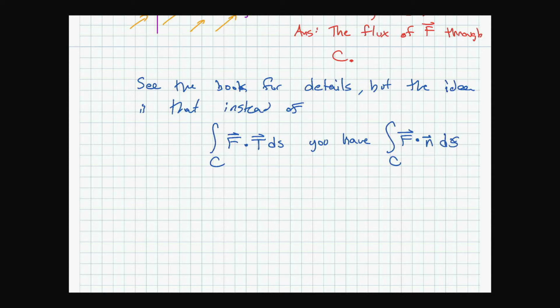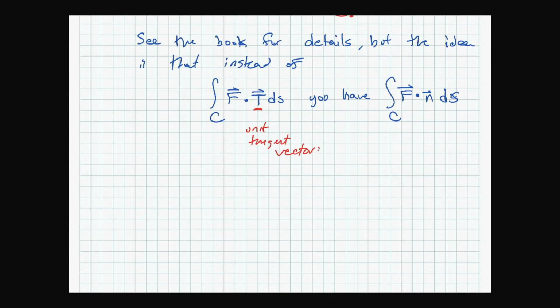So the difference is that t is the unit tangent vector, which is r prime over the magnitude of r prime, and n is the unit normal vector to the curve, which is what? Well, we're going to talk about that.